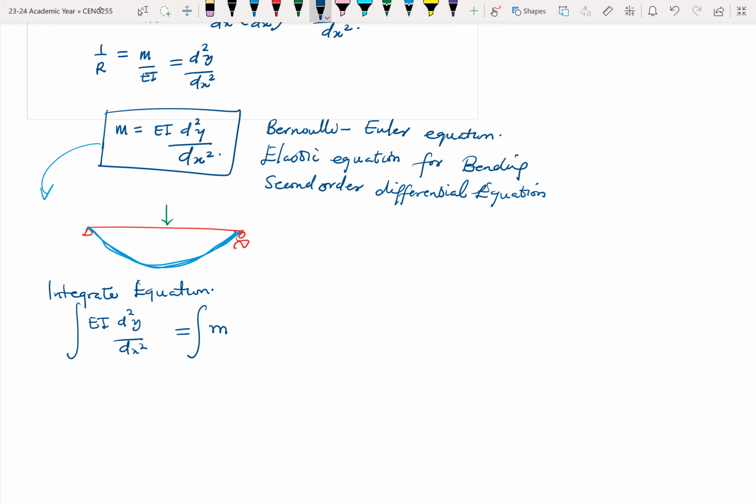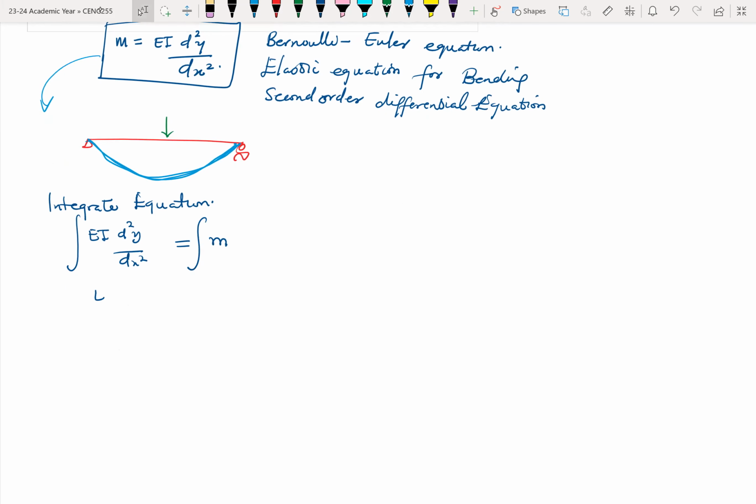So if you integrate both sides, then we'll end up with EI dy/dx is equal to the integral of M dx.